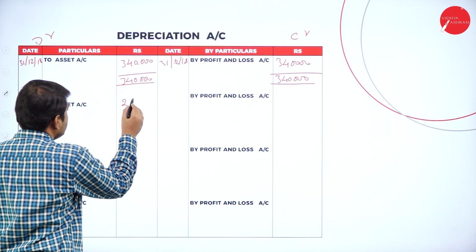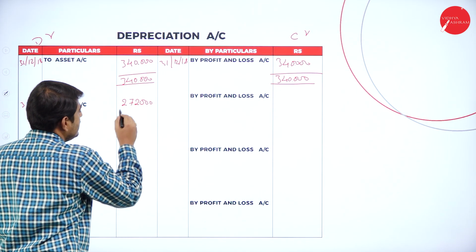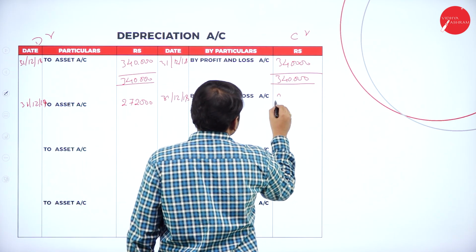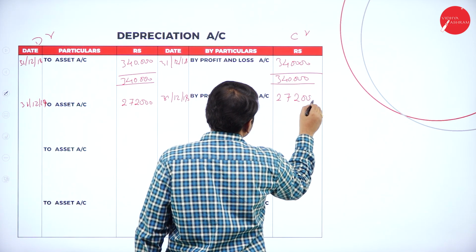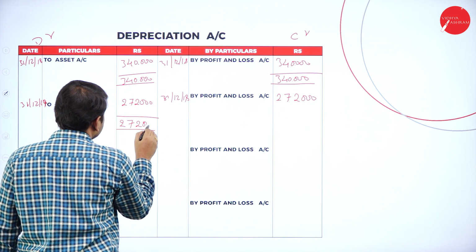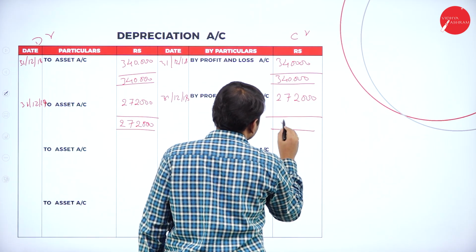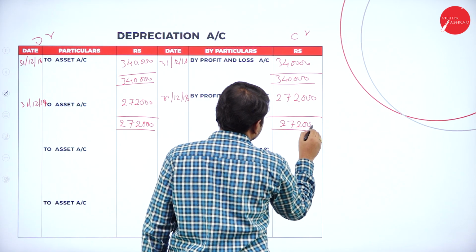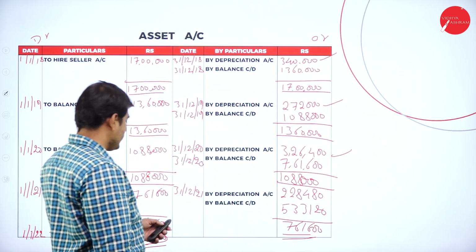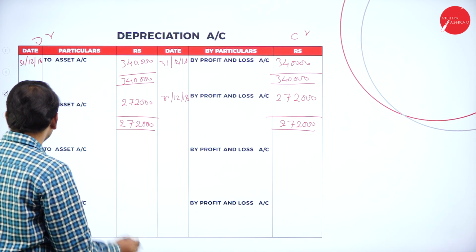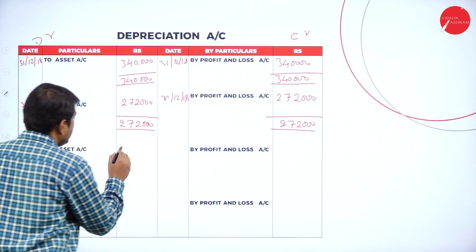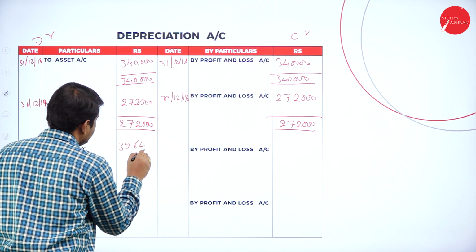2,72,000. The same amount will be transferred to profit and loss account next year. The amount will tally. For next year, what is the depreciation? 3,26,400. So 31st/12/2020, 3,26,400.